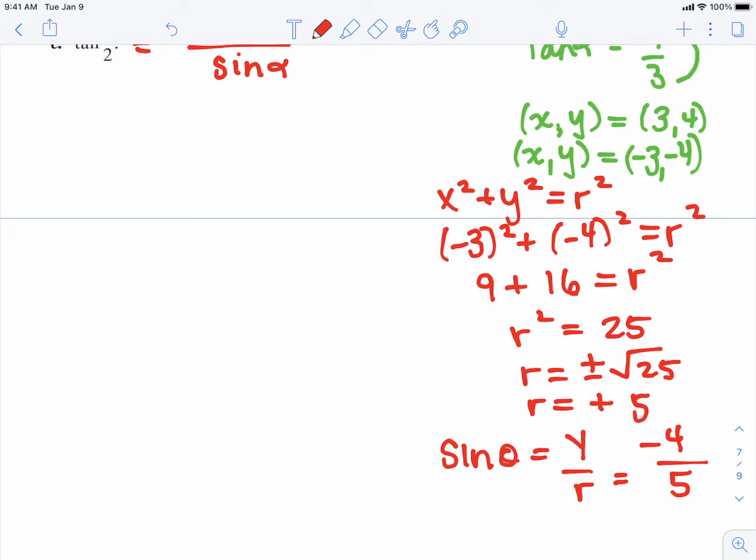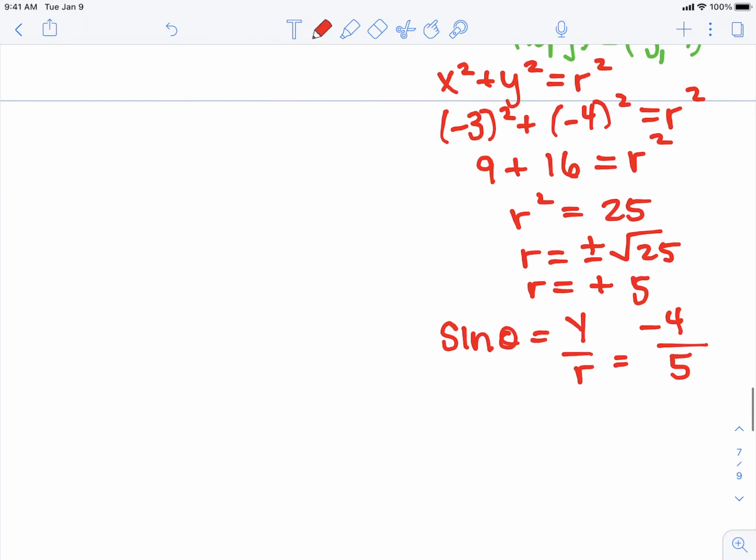So that is the sine value for that triangle. The cosine is your x value over your r. So the x was -3 and the radius of 5. So now we're going to substitute these two numbers into the formulas up in part A, B, and C.